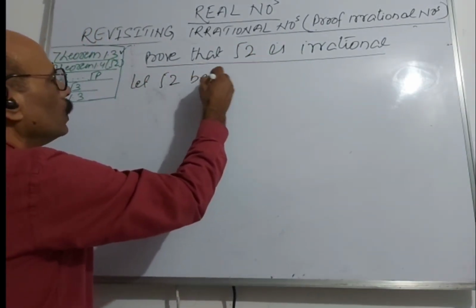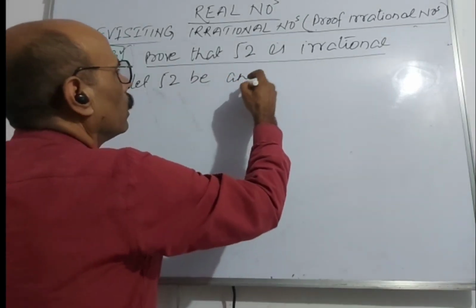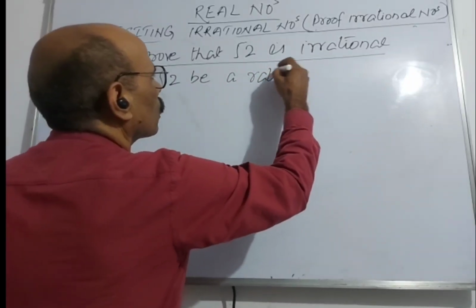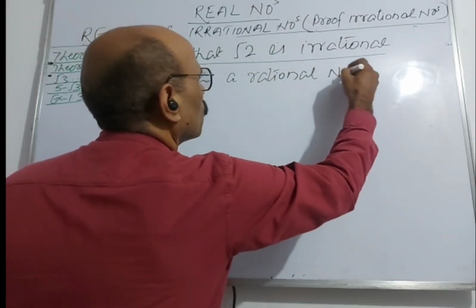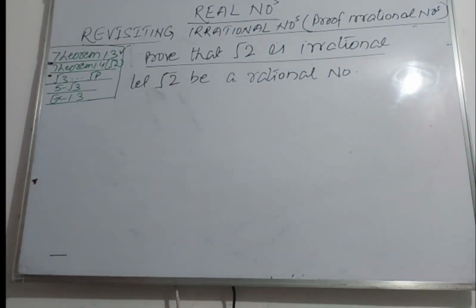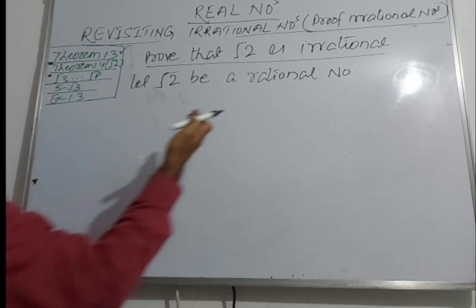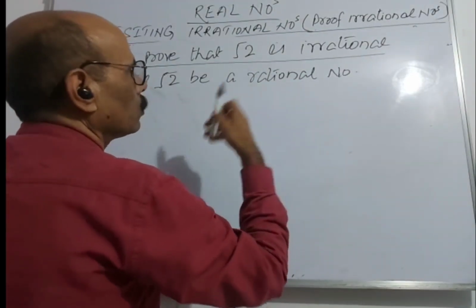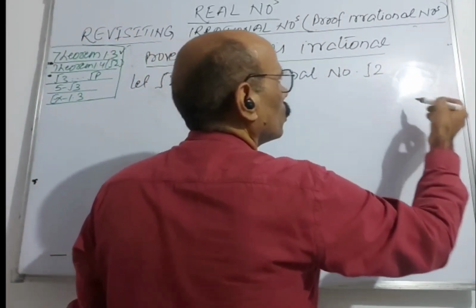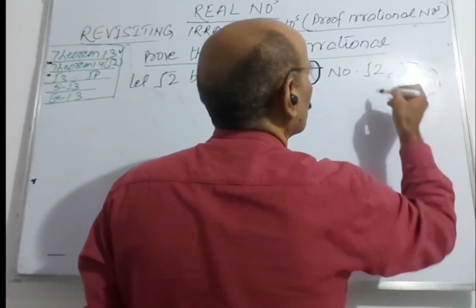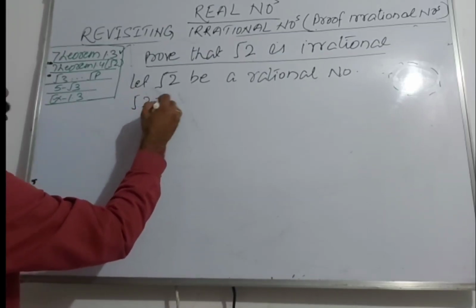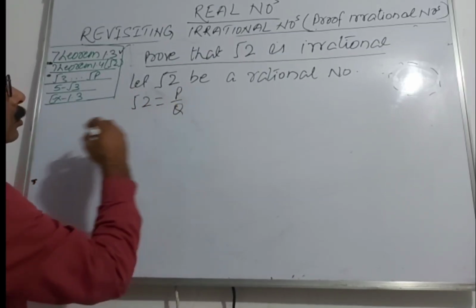Let root 2 be a rational number. If any number is rational, that means it has the form of numerator by denominator. So the form of the number: root 2 is equal to p by q.